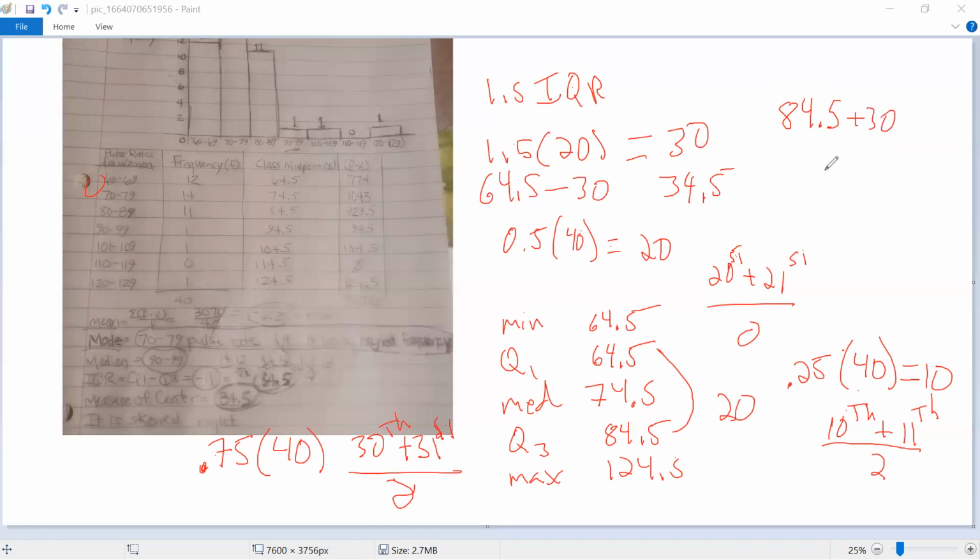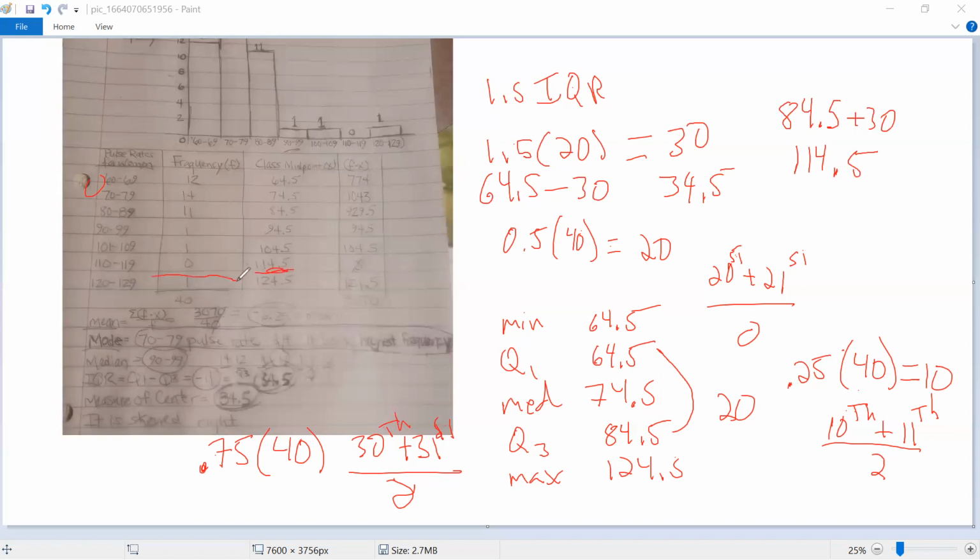That's more than 100, and we did have a value more than 100, so we better do this. So that's going to be 114.5. Our midpoint for that value is 100. So that's our upper fence.